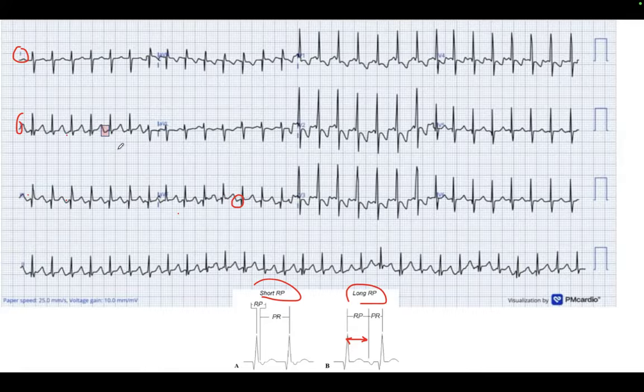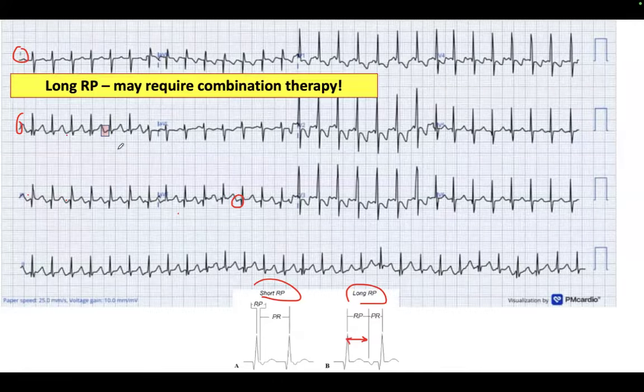When you see long RP SVT, it has a specific differential, but it might be a sign that this patient might have frequent recurrence of SVT, might need combination therapy, might need IV medication initially. So this is a type of SVT that is usually more difficult to treat. Ablation is probably more required.